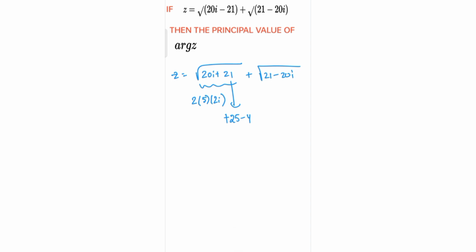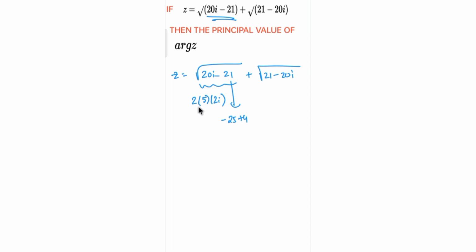Basically it is 21 minus 20i, which is minus of 20i minus 21. So 20i minus 21, this is what we need to write here.